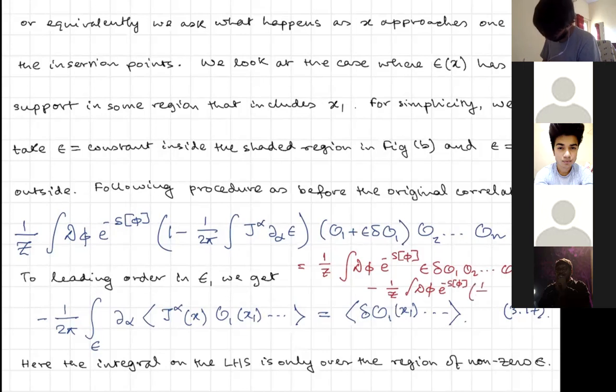There's a 1 over 2 pi here. There's an integral J alpha del alpha epsilon. Goodness, I'm out of space.